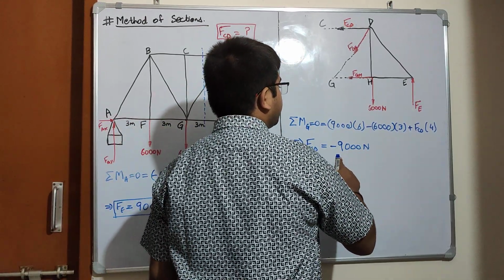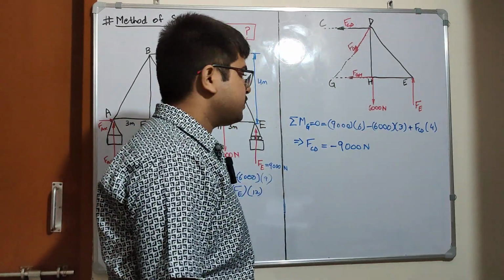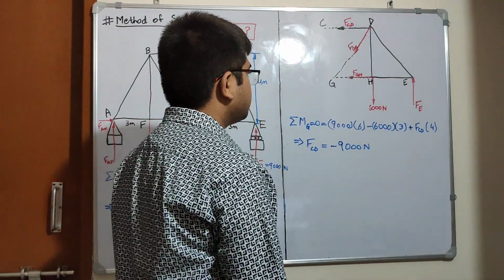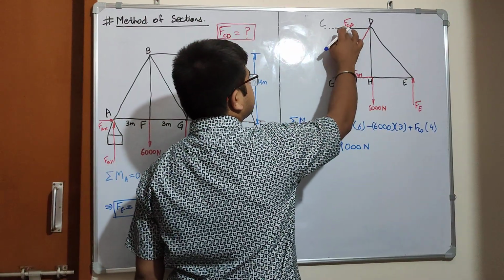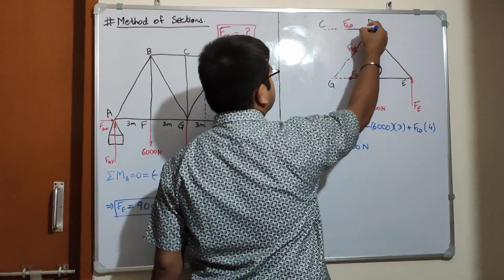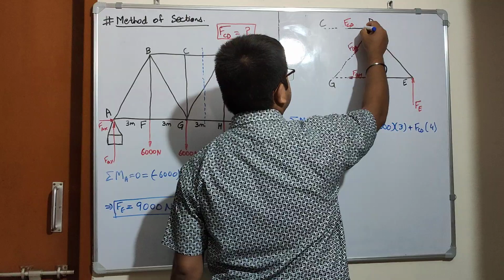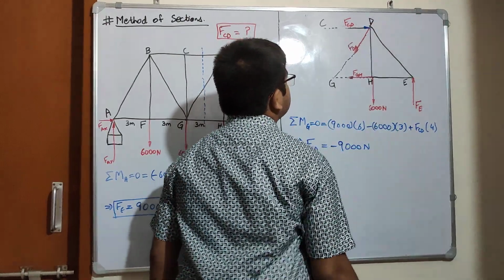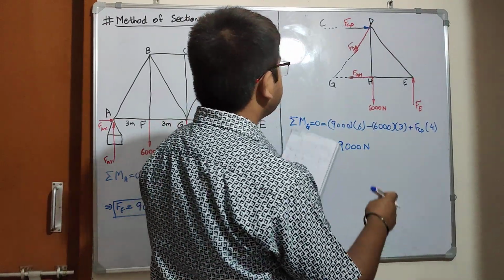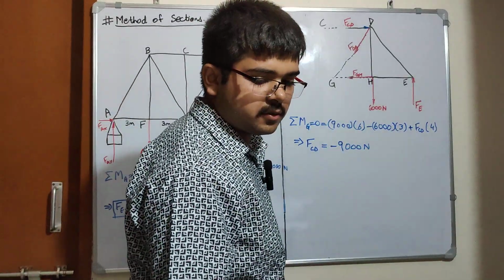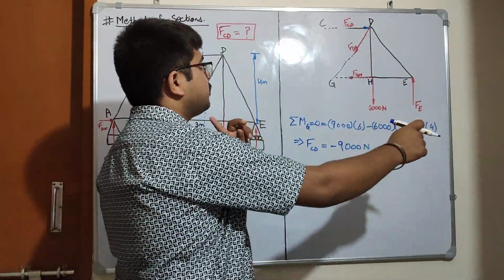Negative means that it is not in the direction we had assumed. So FCD is not in this direction, it is in this direction. FCD is pushing on both ends.